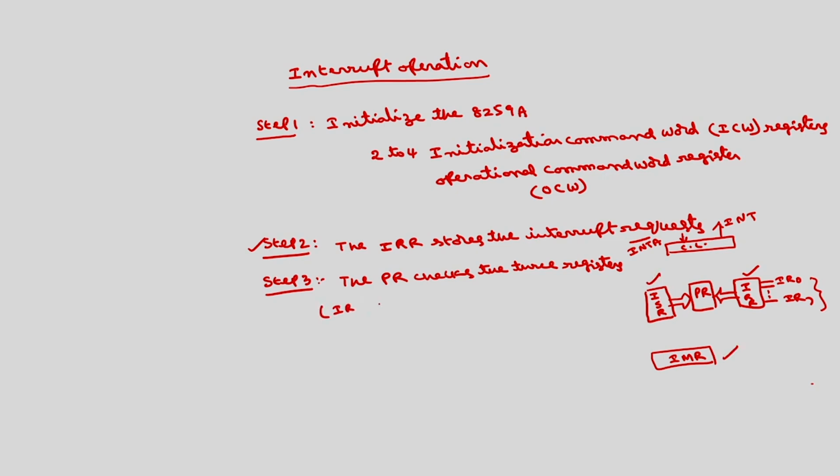IRR, ISR, IMR. These 3 states are important to assign the priority: which interrupt has been requested, which is in service, and which is masked. Based on this, the priority resolver will assign the priority to the interrupts and sets INT high when appropriate.